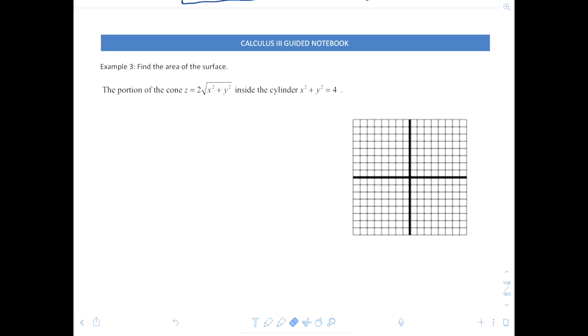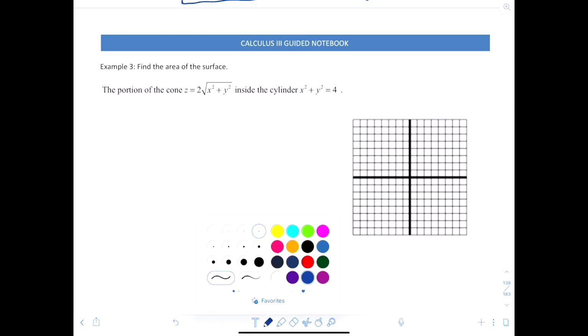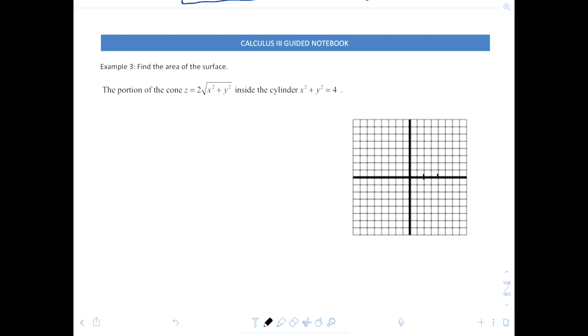So this would be, I'll just make it a little bigger, if that's 1, 2. So that's X and Y. And so we have our circle. All right.